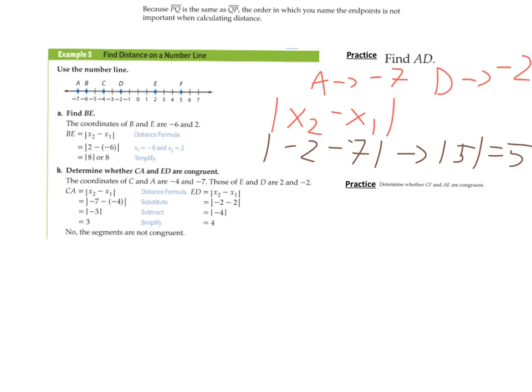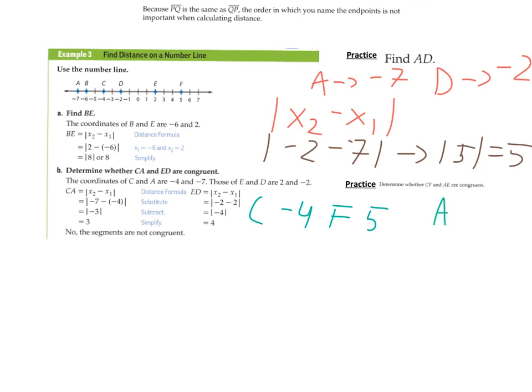All right, last practice. Determine whether CF and AE are congruent. So CF, our C value is -4. Our F value is 5.